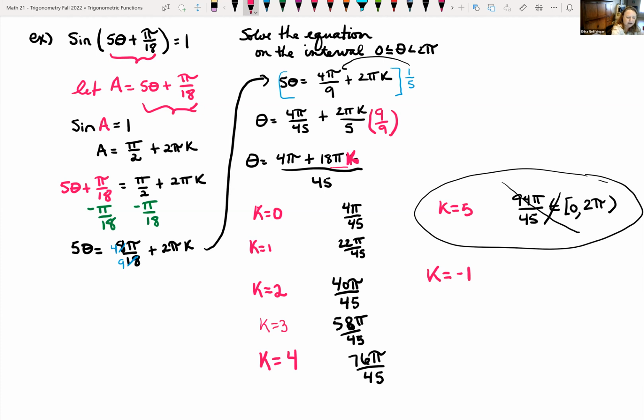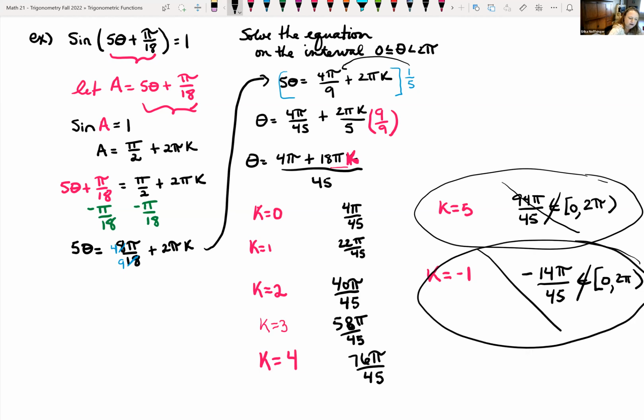Negative 18 pi plus 4 pi, that's negative 14 pi, all over 45, which again is a negative value, so it can't fall in the interval between 0 and 2 pi. And so we wouldn't look at this answer either.